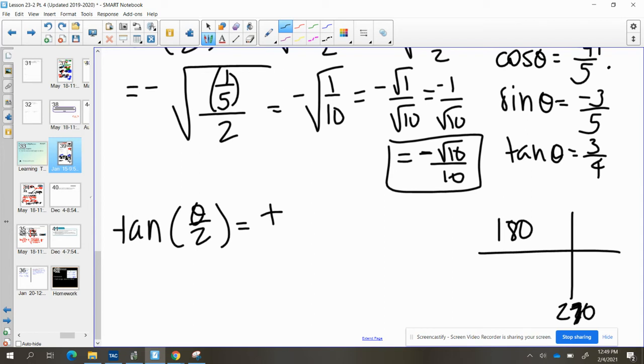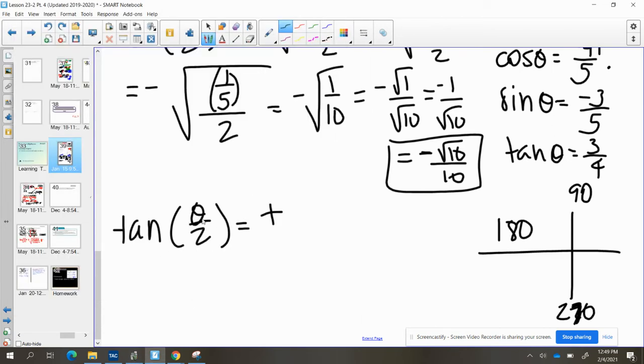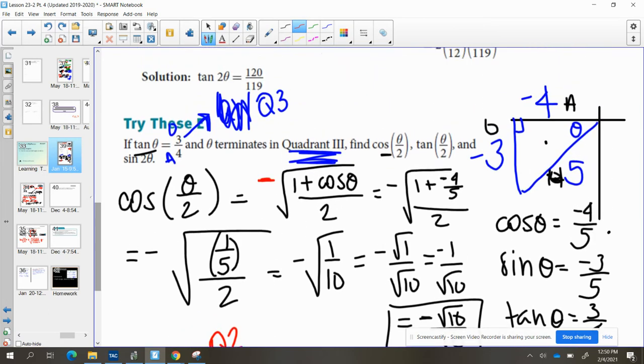Any of those values divided by 2 would put you between 90 and 135. So no matter what, for the half angle here, we're going to be put into quadrant 2, where the tangent is actually negative. On this one you want to be careful, because our half angle is going to end up being a quadrant 2 value since our theta was a quadrant 3 value.